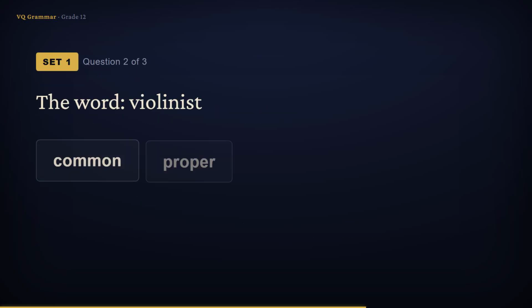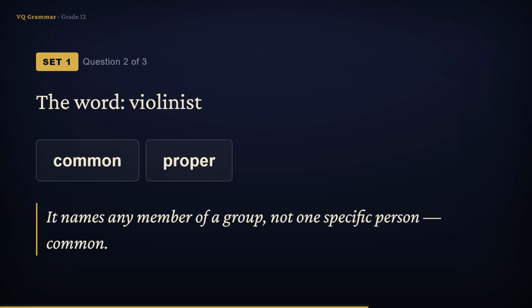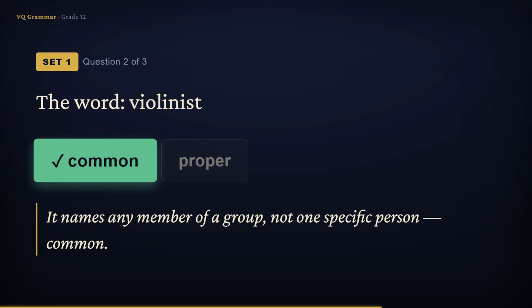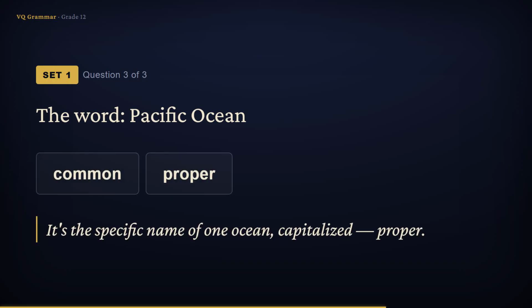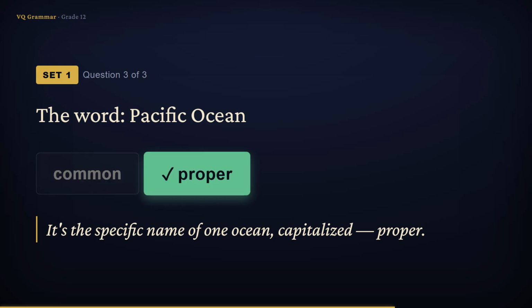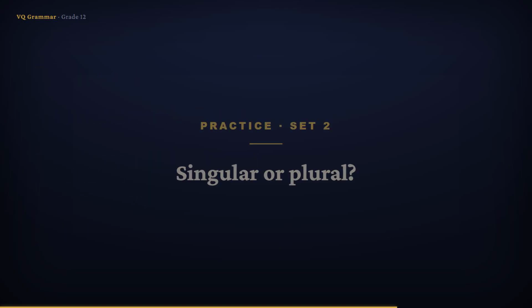The word is violinist. Does it point to one specific named person, or to anyone in a whole profession? It names any member of a group with no name tag and no capital. So violinist is common. The word is Pacific Ocean. There are many oceans in general, but this phrase names one exact ocean by its own capitalized name. So Pacific Ocean is proper.